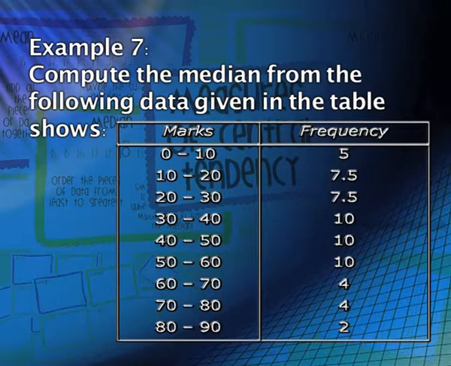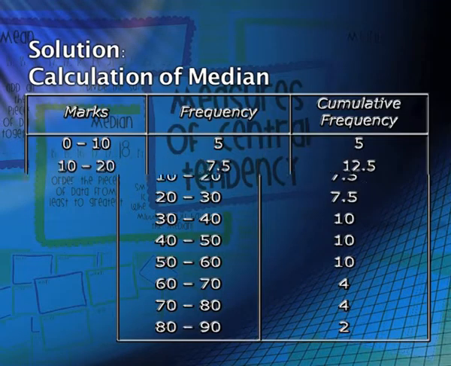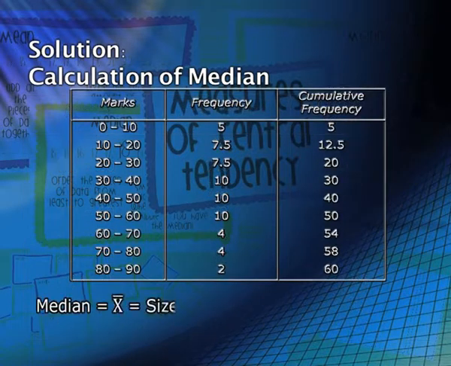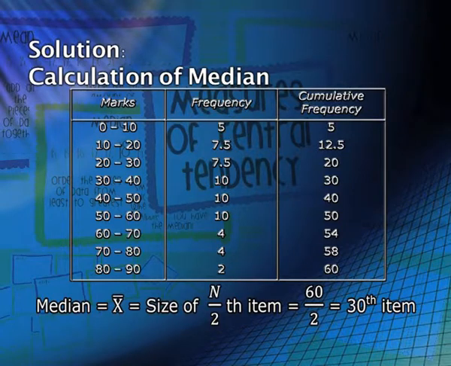Again, for this we'll see an example, and this is example number 7. In the example it said compute the median from the following data given in the table, and the table shows 2 columns, marks and frequency. In the solution we'll see the calculation of median. For that, again, we are making a table of marks, frequency and cumulative frequency as shown, and we are applying the formula median equals size of n by 2th item, which is equal to 60 by 2, that is equal to 30th item.